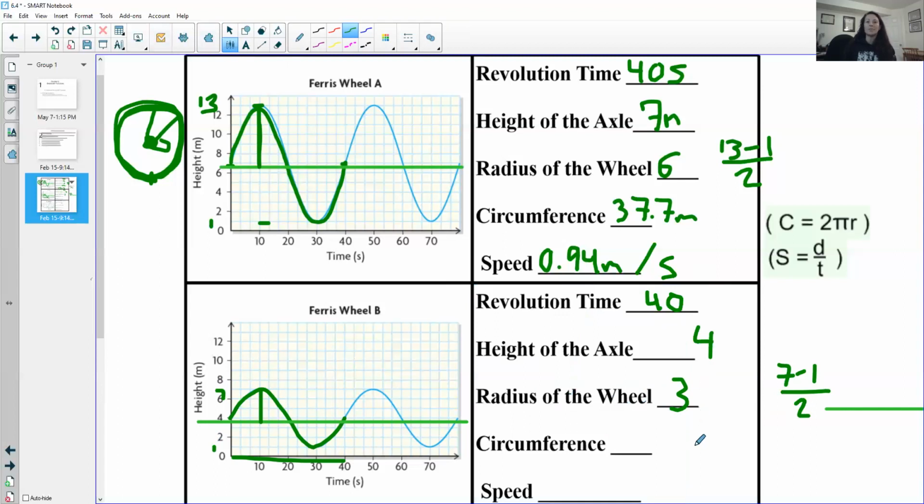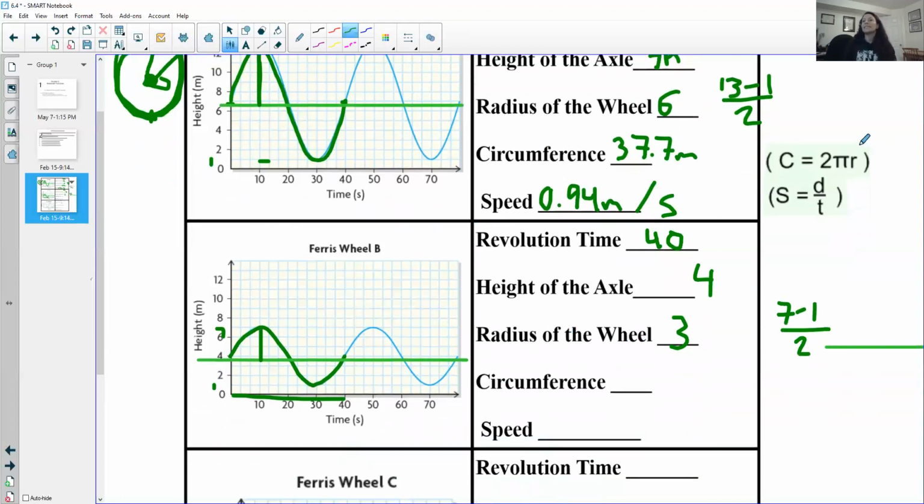The radius is 3. The circumference, please use your formula. C equals 2 pi r. So 2 times pi times the radius, which in this case is again 3. I got 18.8. So this is a much smaller Ferris wheel than the one above. And the speed, we're going to take the distance divided by the time.